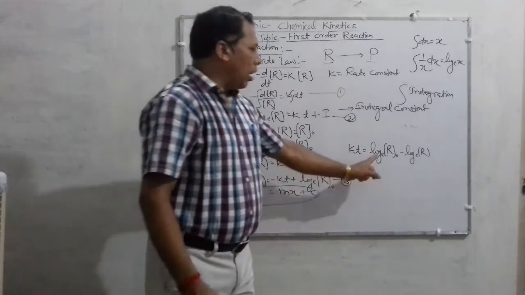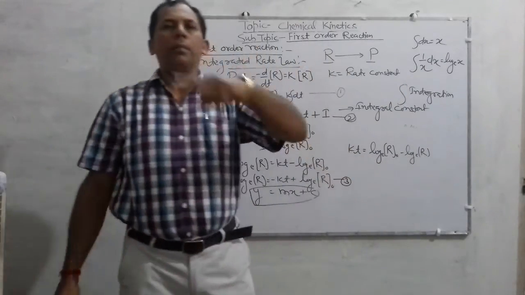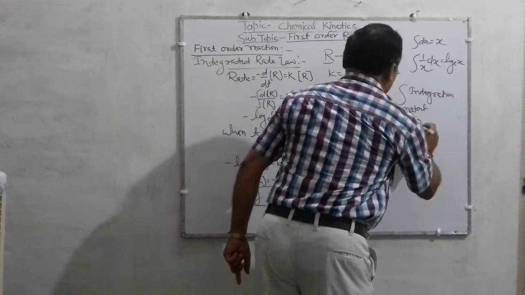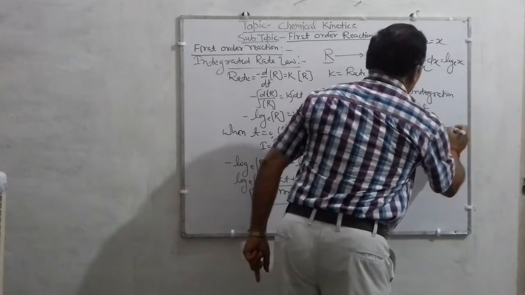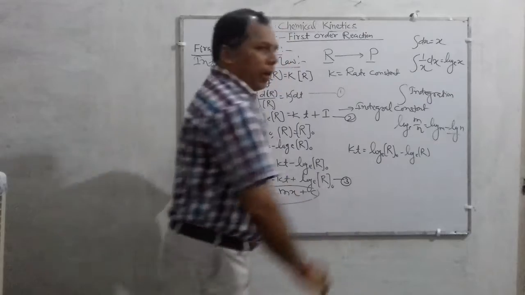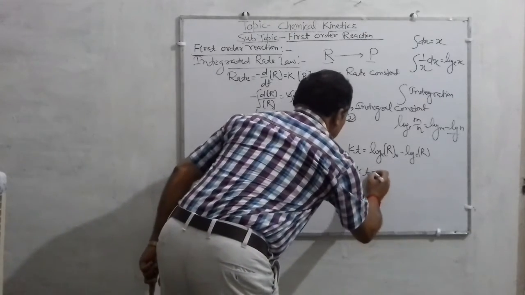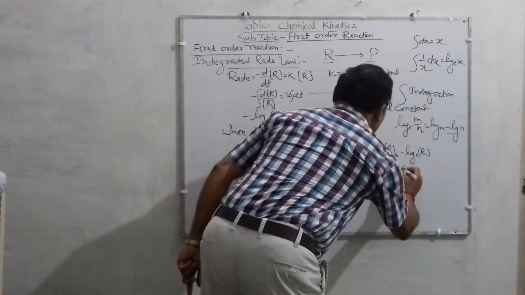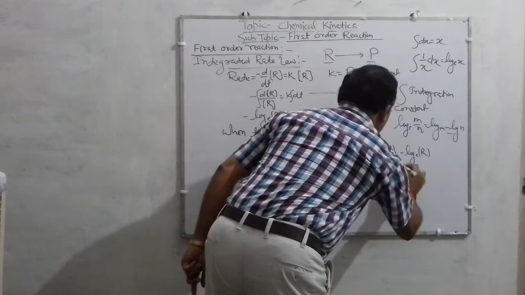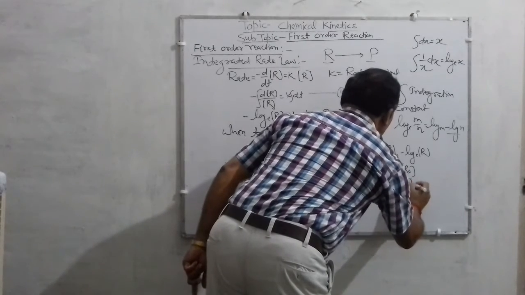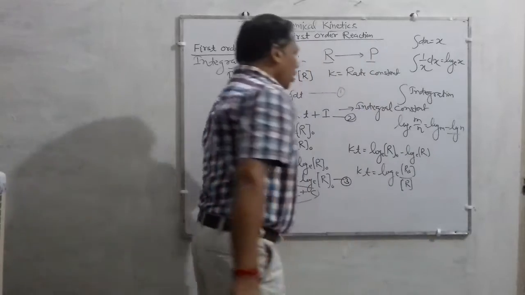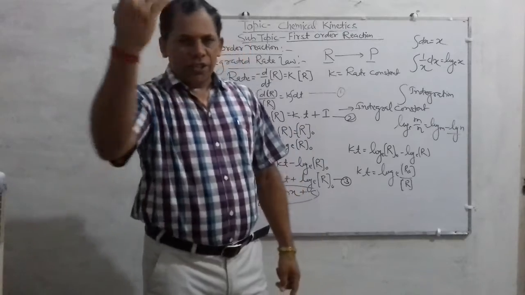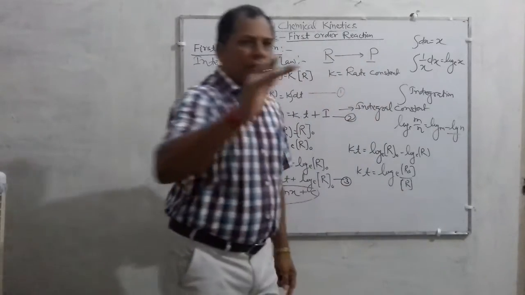And you know one formula, log m minus log n is log m by n. Very simple logarithm. So applying this formula, this can be written as kt is equal to log e r0 upon r. Concentration of r0 divided by concentration of r, where r0 represents the initial concentration and r represents the final concentration.